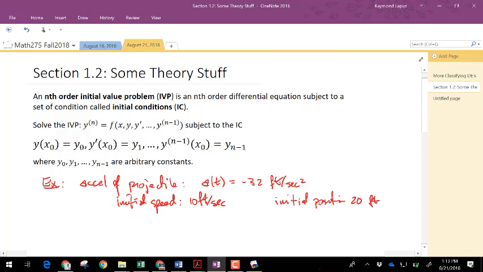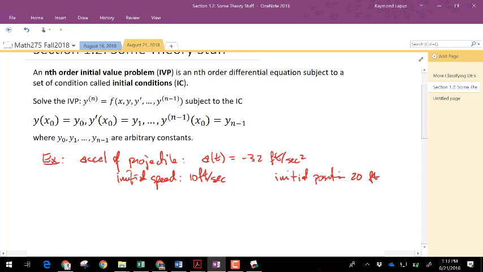You remember those problems back in Calc 2? Or maybe even in Calc 1? So this is an example of an initial value problem.